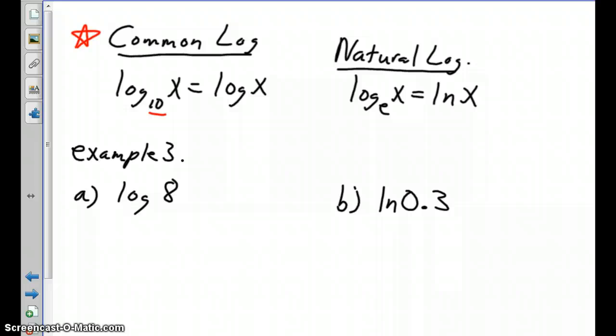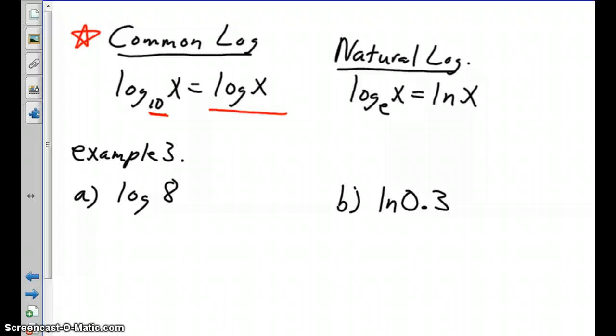Now here comes the thing. There are two ways to write this. One is to write it with base 10, but then you can also write it without that base. You can just write down log x. So when you see this, log x, it means the log that has base 10. And it's done both ways, as you'll find out as you go through these lessons. So these both mean the same thing.